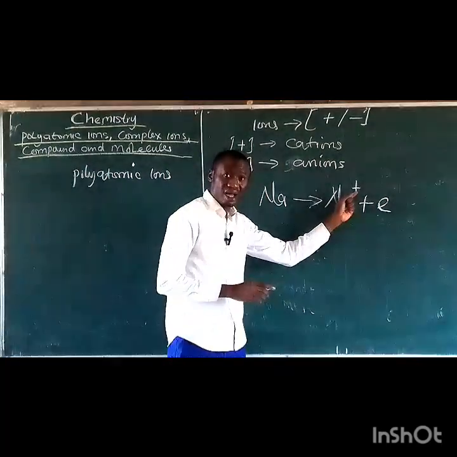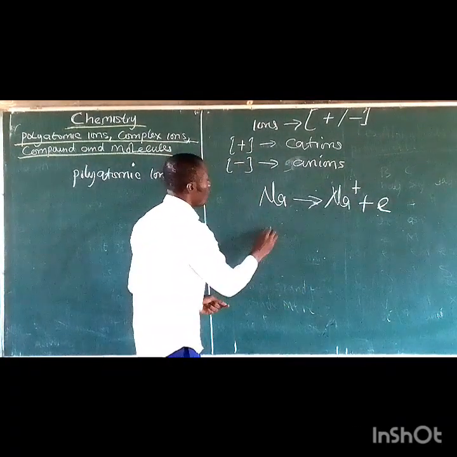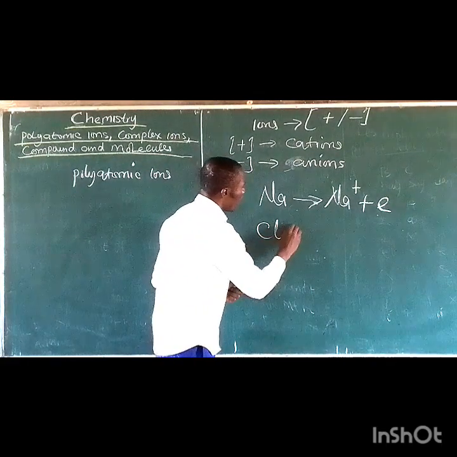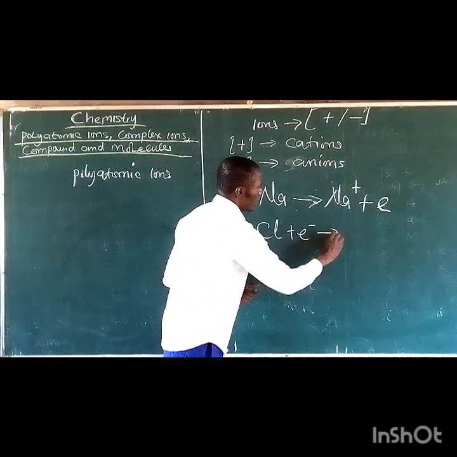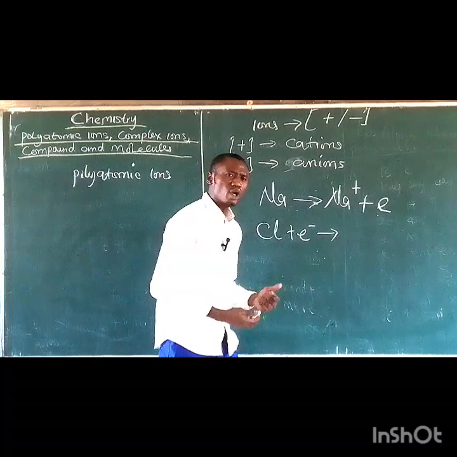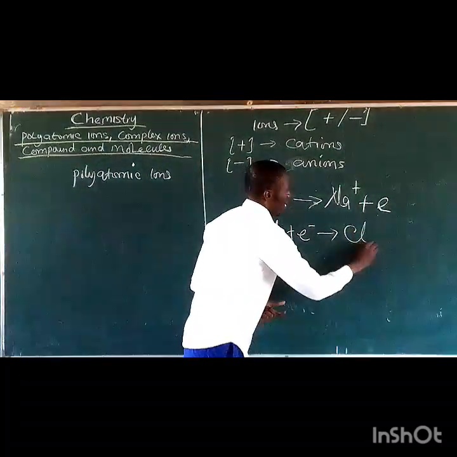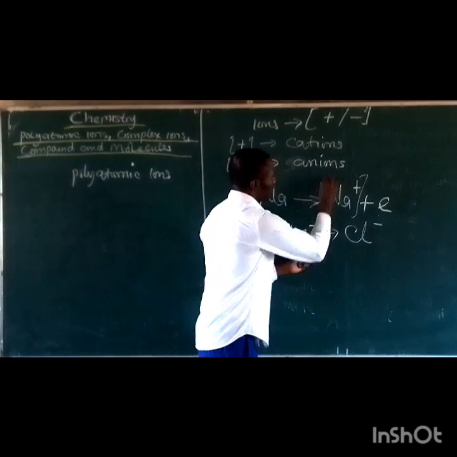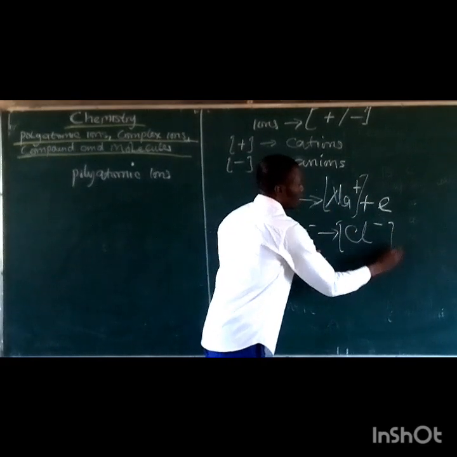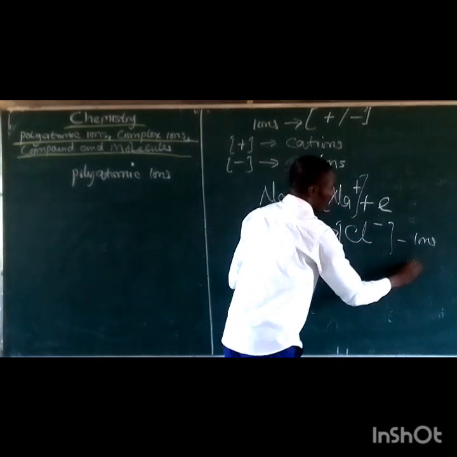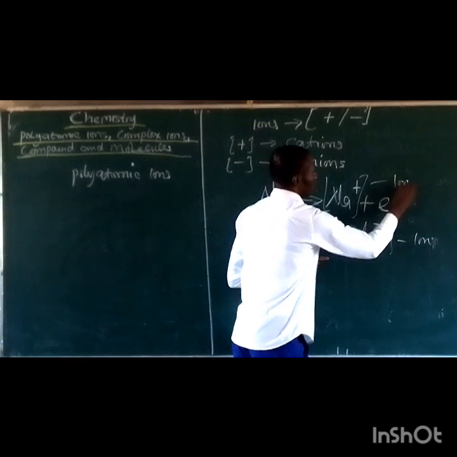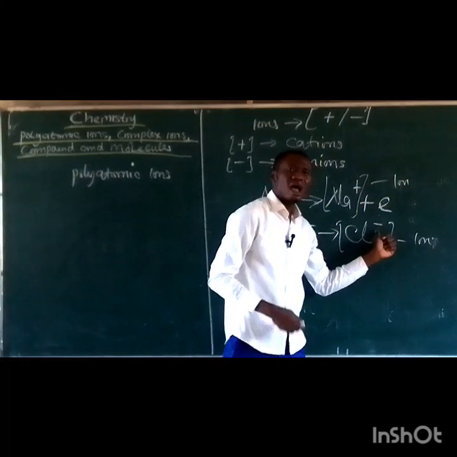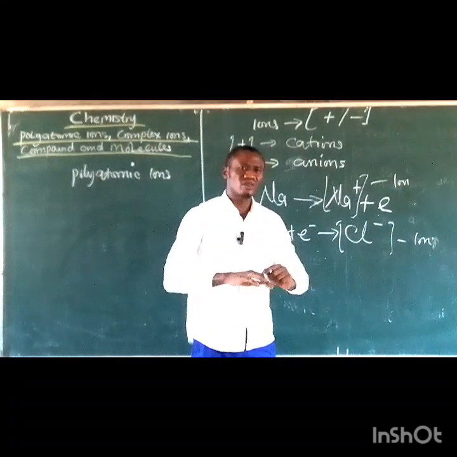Now, we have chlorine. When chlorine receives an electron, it becomes negatively charged, and then it becomes a chloride ion. This is an ion, and this is an ion. This is a cation, this is an anion, because of the difference of charge.